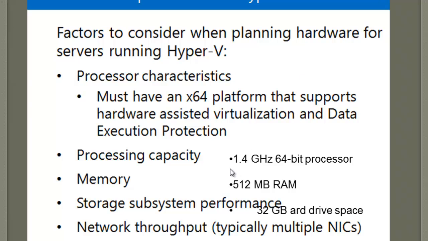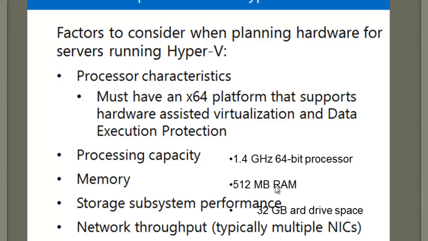The minimum processing capacity is 1.4 gigahertz. For memory, the minimum is 512 RAM. And for your storage, the minimum is 32 gigs for your drive space. This is only the minimum.